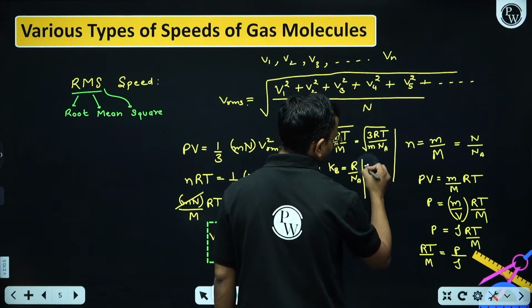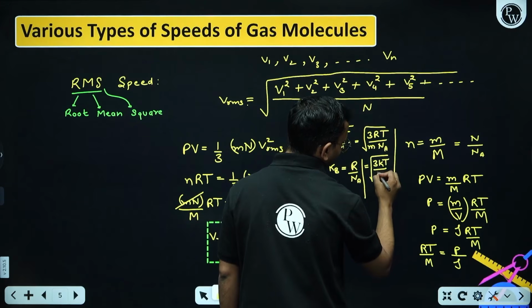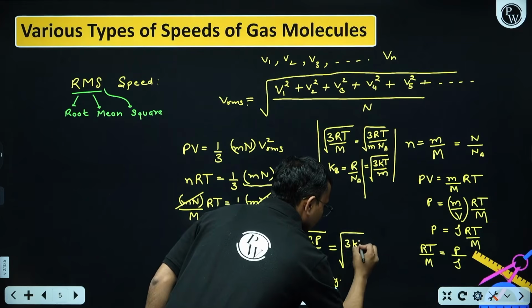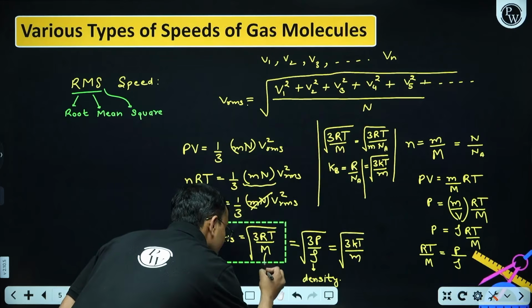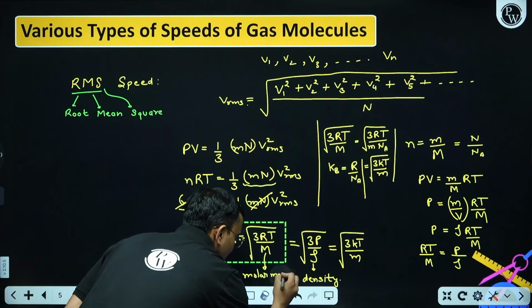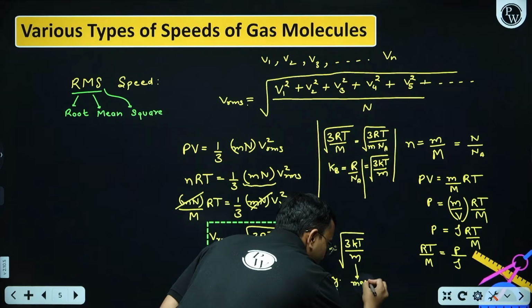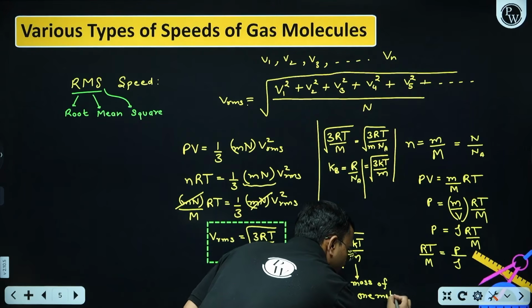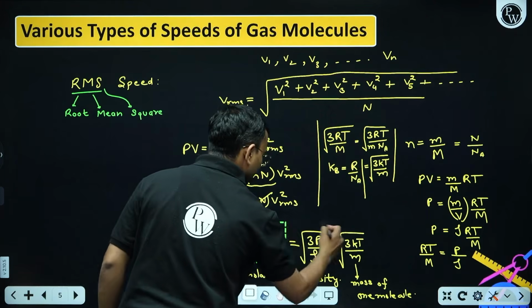So it will become root of 3kT by the mass of one molecule. This is the molar mass. This is the mass of one molecule.